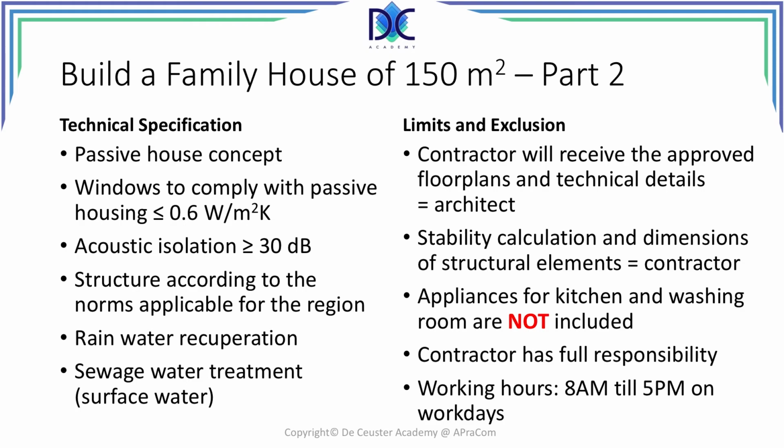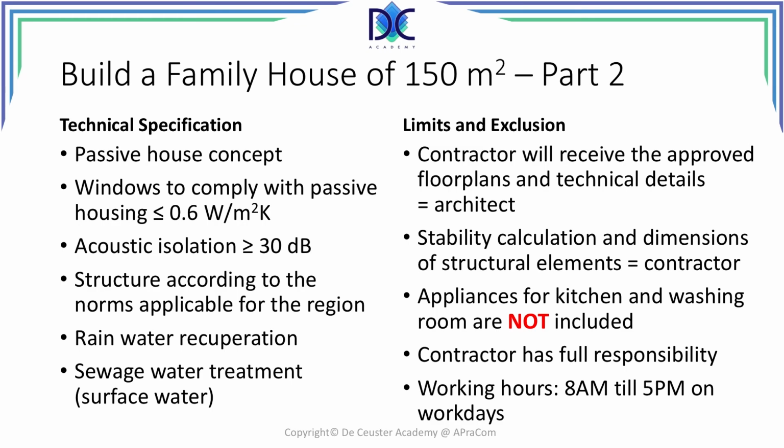There are some limits and exclusions defined in this project. The contractor will receive the approved floor plans and technical details from the architect. The stability calculations and dimension of structural elements have to be provided by the contractor. The appliances for the kitchen and washing room are not included, although we specified a fully equipped kitchen.